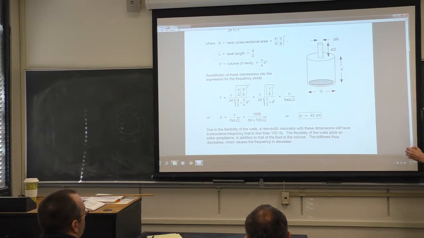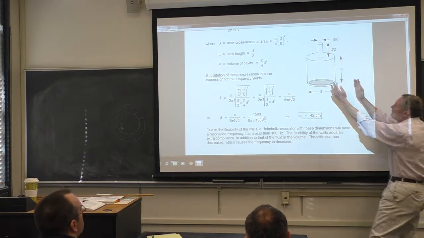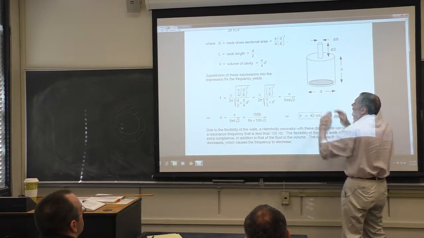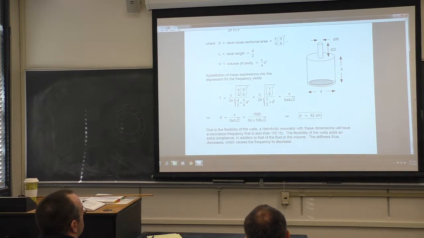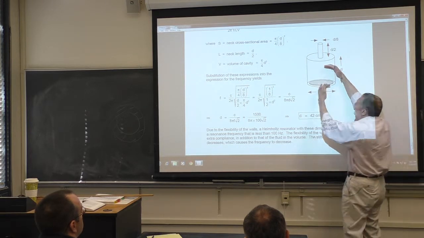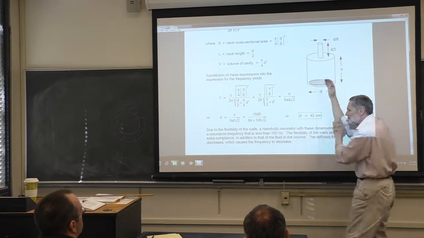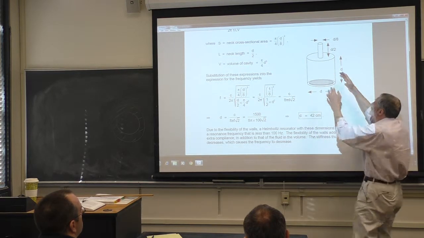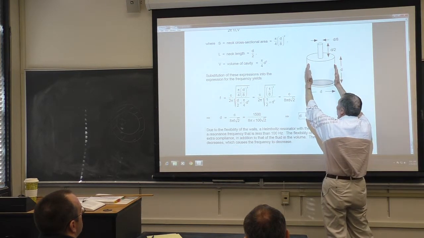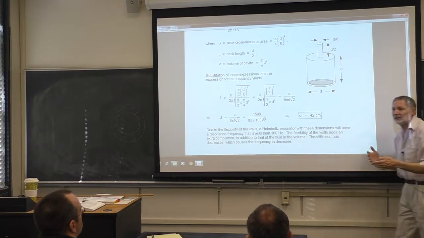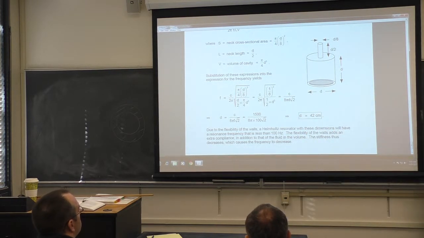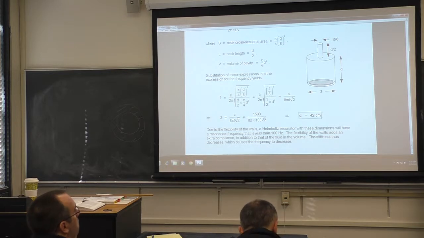So the natural question here is, because this is going to flex some, what's that going to do to the frequency? Our formula assumes that it's rigid. So what do you think is going to happen? Remember, this is acting like a spring for the compressions and expansions. If it's not rigid, it's going to have a greater compliance. The stiffness is going to be less. So the resonant frequency will go down.